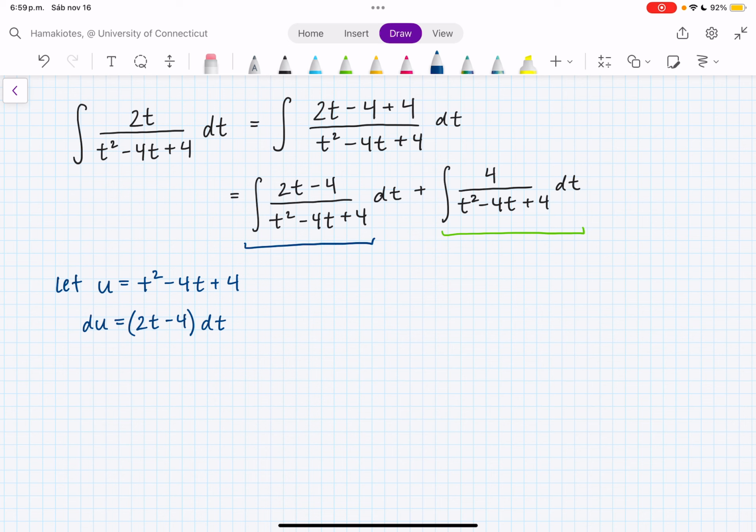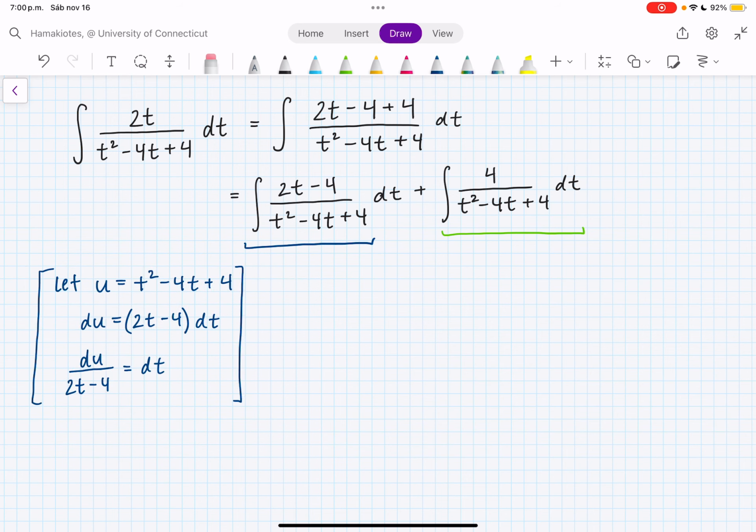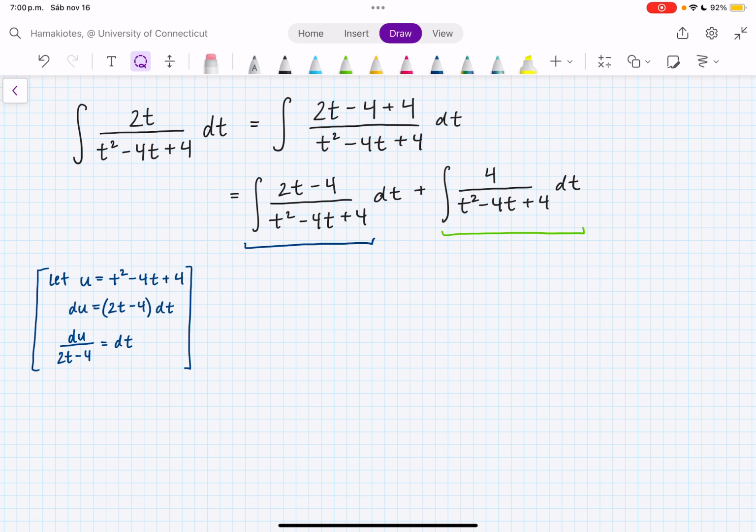If I want to isolate dt on one side, I have du over 2t minus 4 equals dt. So now I can use this here to make my substitution. So this integral, let me shrink this a little bit.